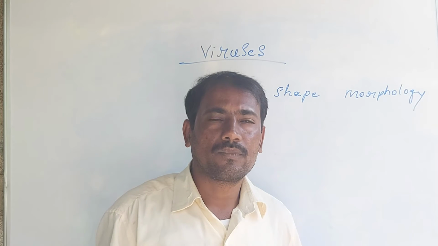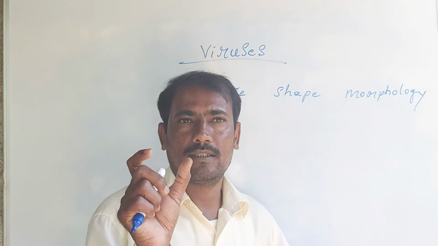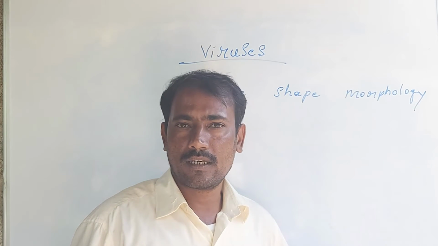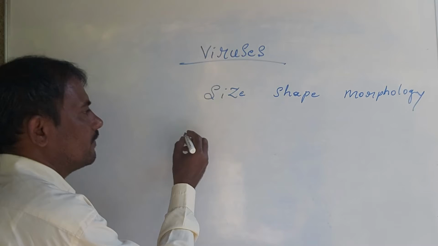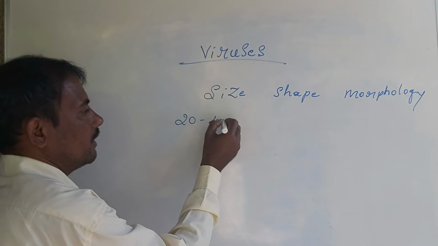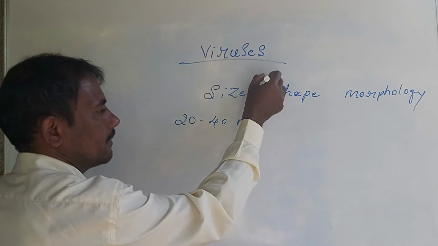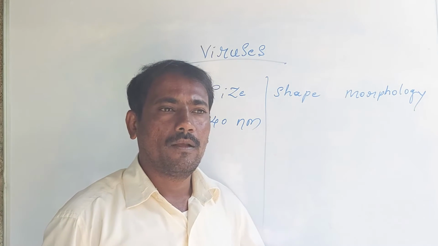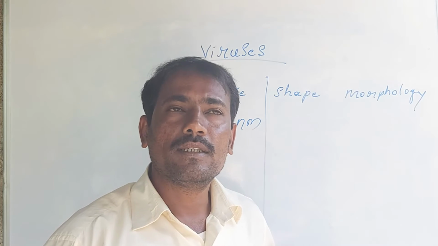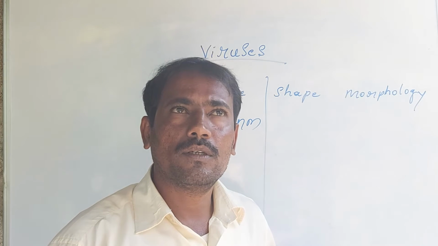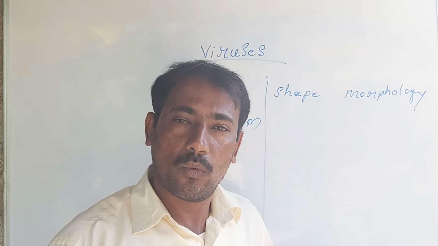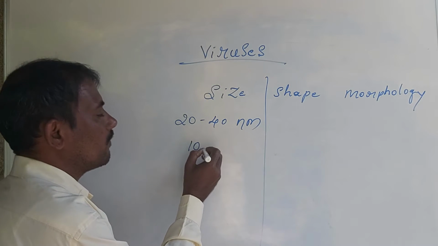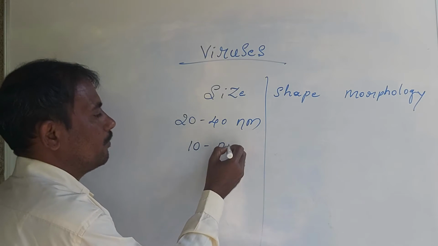As far as the sizes of various viruses are concerned, usually they range from 20 to 40 nanometer. Take for example the foot and mouth disease causing virus particle. Usually its size is about 10 nanometer.